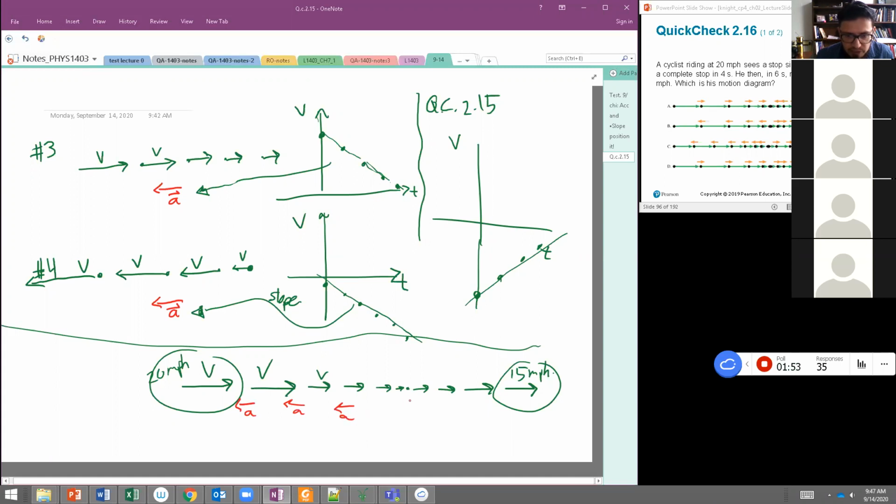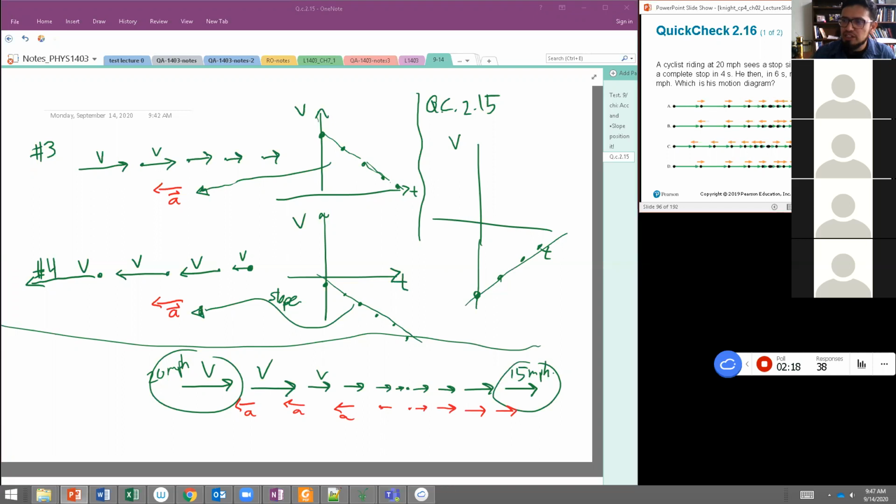Finally, when we get to zero velocity, and we sit there for maybe a little bit, there's not a whole lot of velocity, but then after a while, we start speeding back up. And so now your acceleration vectors are pointing in the opposite direction, to the right, to help it speed up again.